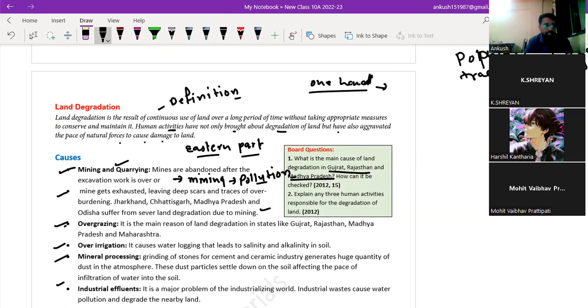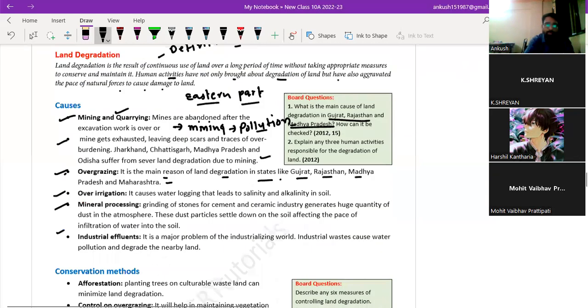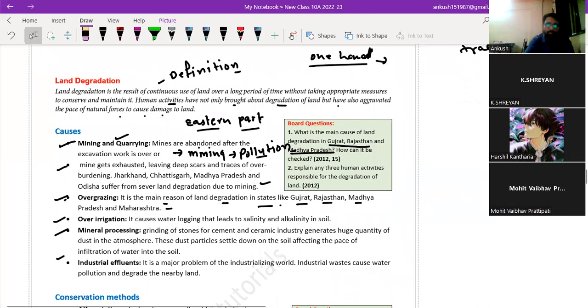And suppose on the same land you make the cattle graze, if the grass is not coming into their mouth or it is not possible for them to cut it with their teeth, they will just excavate it or uproot it, and that leads toward land degradation. It is the main reason of land degradation in states like Gujarat, Rajasthan, Madhya Pradesh, and Maharashtra, where people are making the cattle graze on the land.